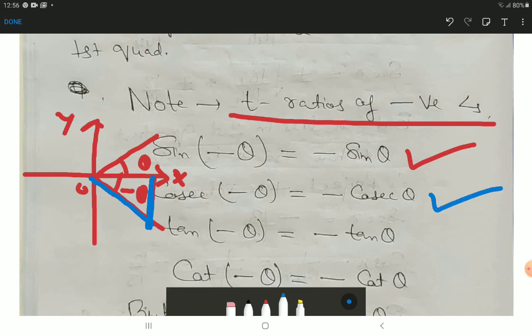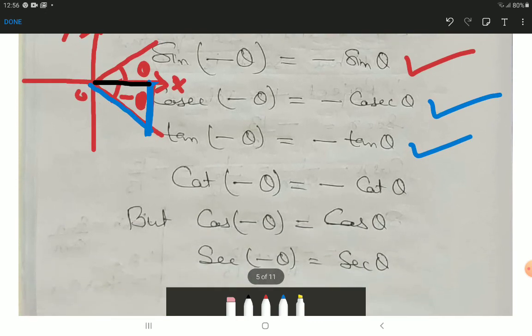Tan of minus theta is minus tan theta, because tangent is perpendicular upon base. And in this case, perpendicular is negative and base is positive. So negative upon positive is negative. Similarly, cot of minus theta follows tan of minus theta because it is just the reciprocal of tan: minus cot theta.